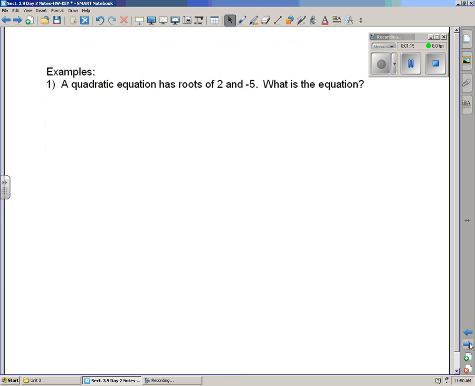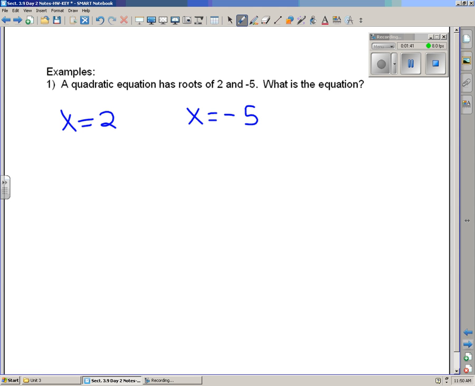On the first one, a quadratic equation has roots of 2 and negative 5. What's the equation? Well, the first thing to do on the first way was set each root equal to x, which means x equals 2 and x equals negative 5. If x was equal to 2, what equation did you solve to get that?